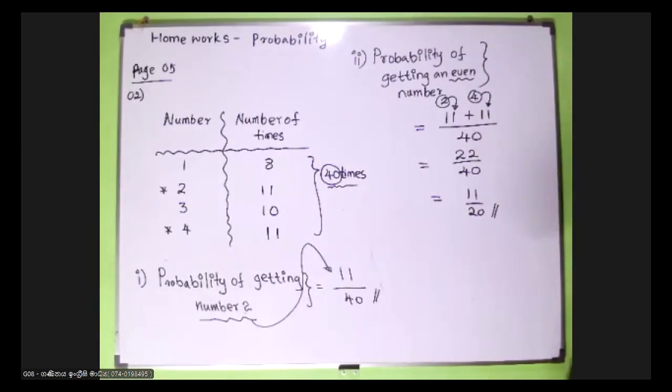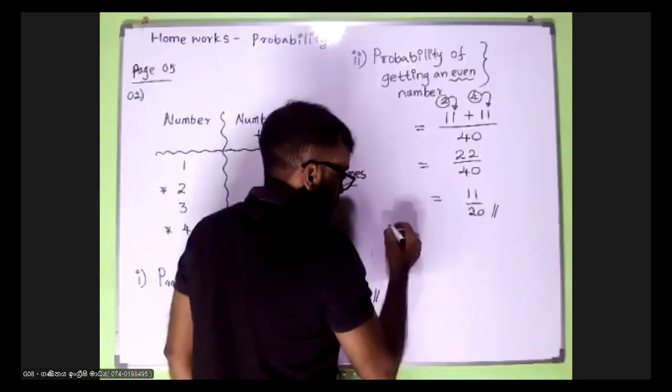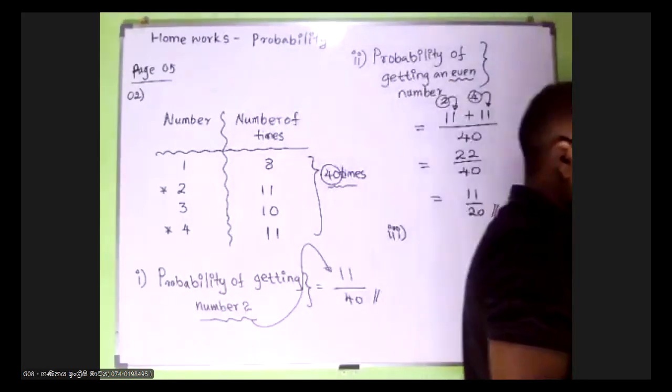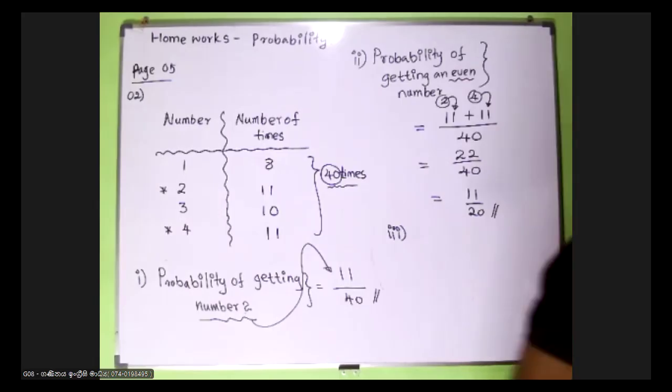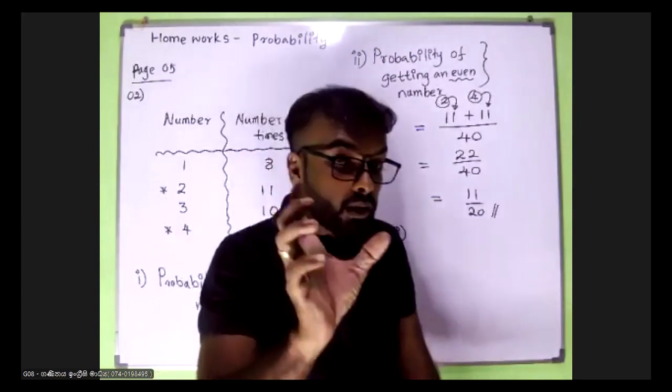Okay, guys. Third question. Find the experimental probability of getting a prime number.